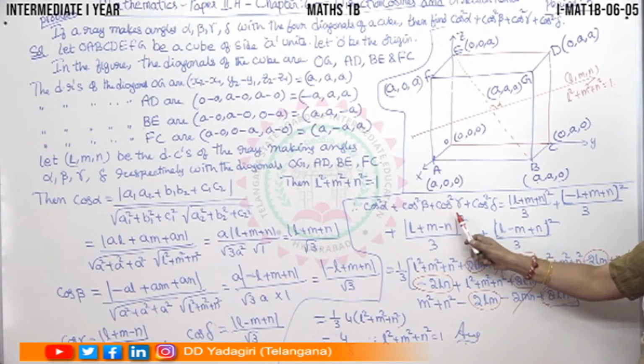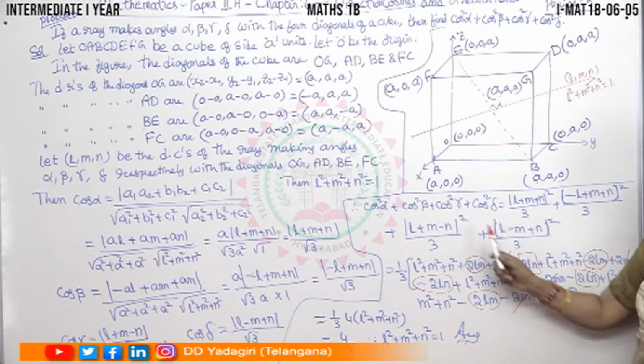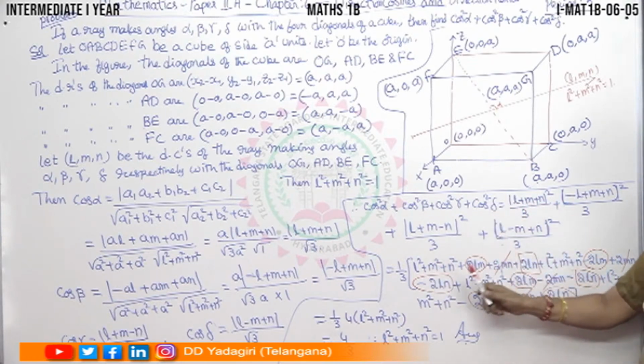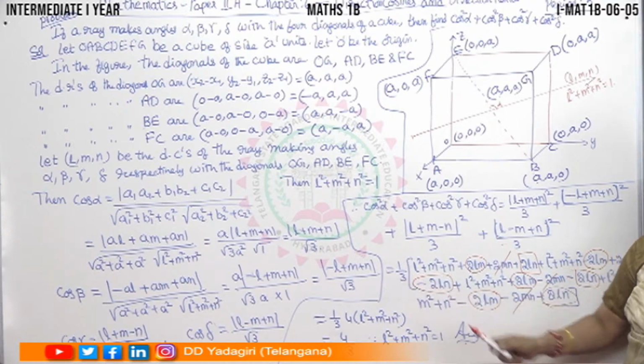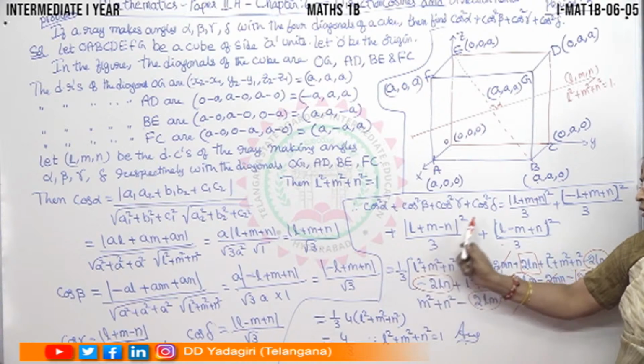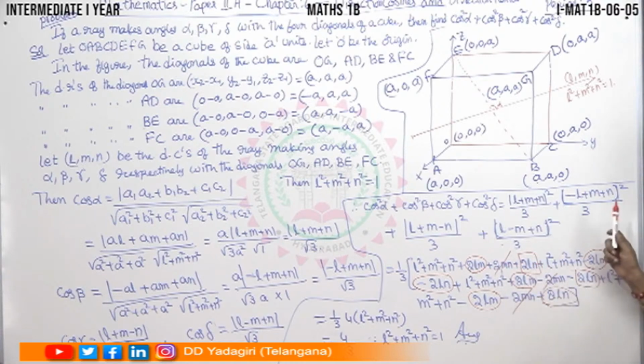Now write cos square alpha plus cos square beta plus cos square gamma plus cos square delta. So you know (a plus b plus c) whole square. You take the LCM as 3, so 1 by 3 you take common, and just expand this. This becomes l square plus m square plus n square plus 2ab plus 2bc plus 2ca, like that.